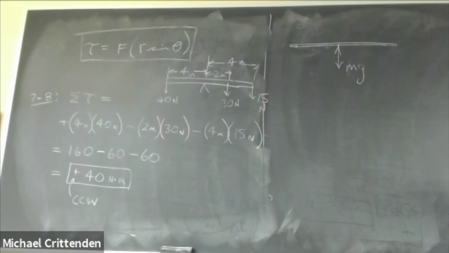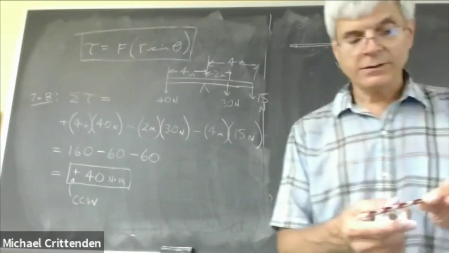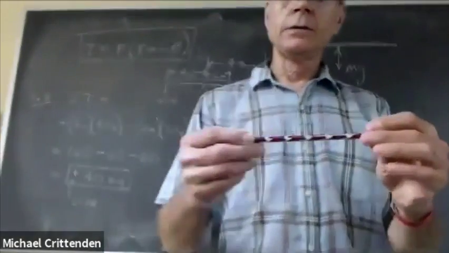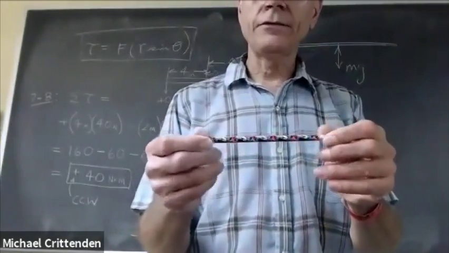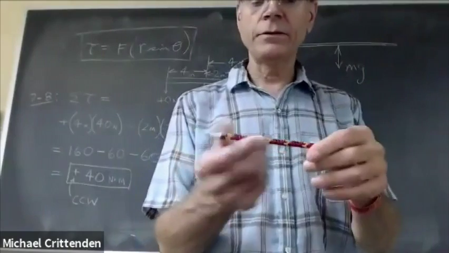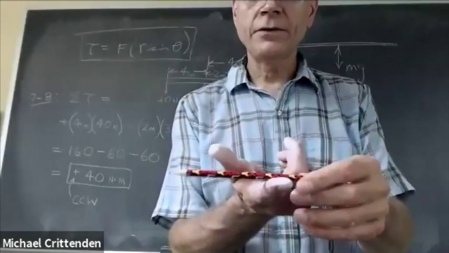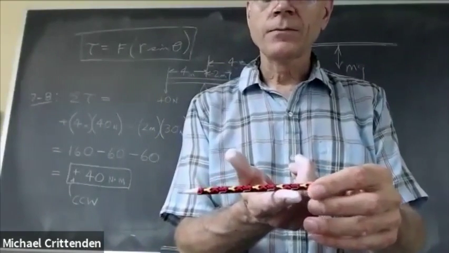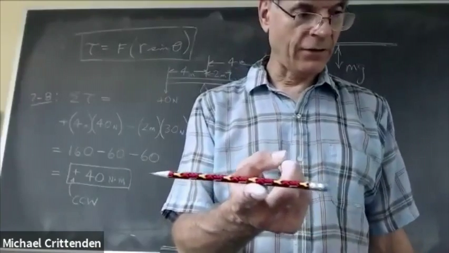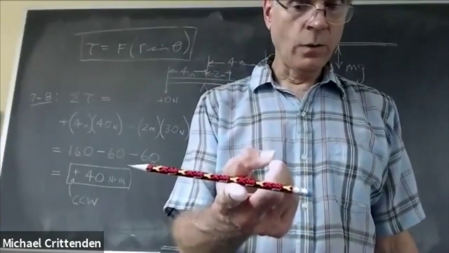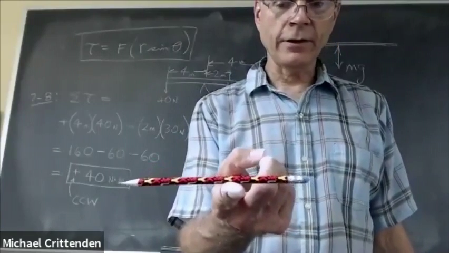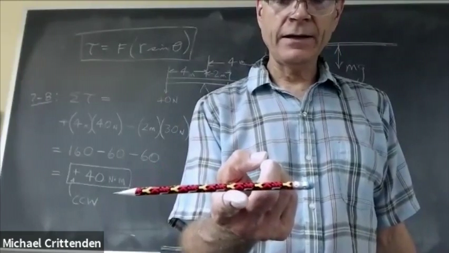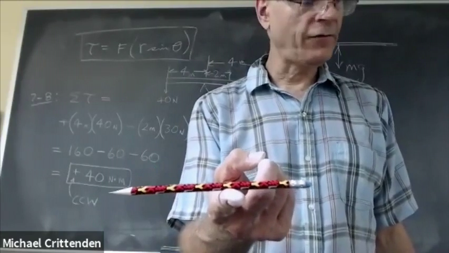Now, if it's not a uniform object, like this pencil, it's a very interesting pencil. Somebody left it here. Well, it's my pencil now, but some student left it here at some point. See, if you support something at its center of gravity, the weight produces no torque, and it doesn't have any tendency to rotate off of my finger and fall.